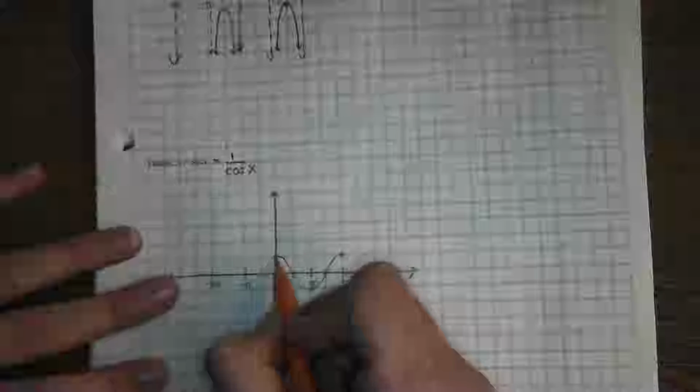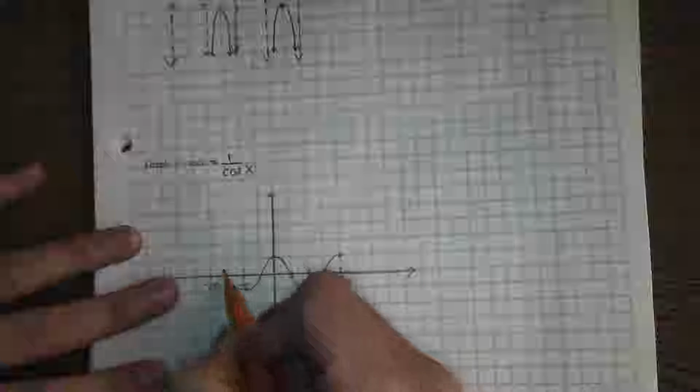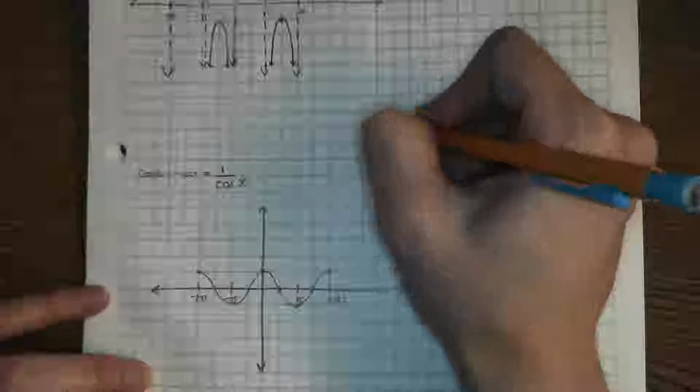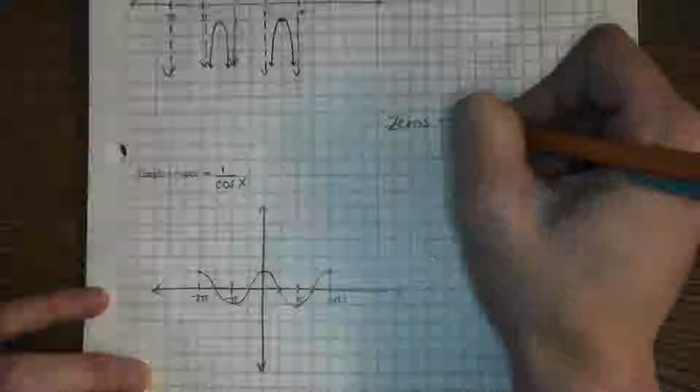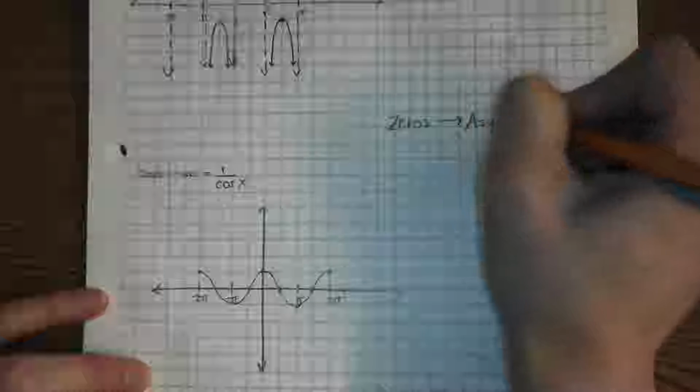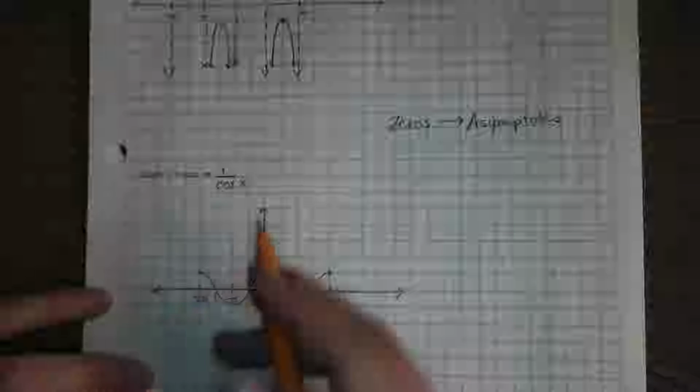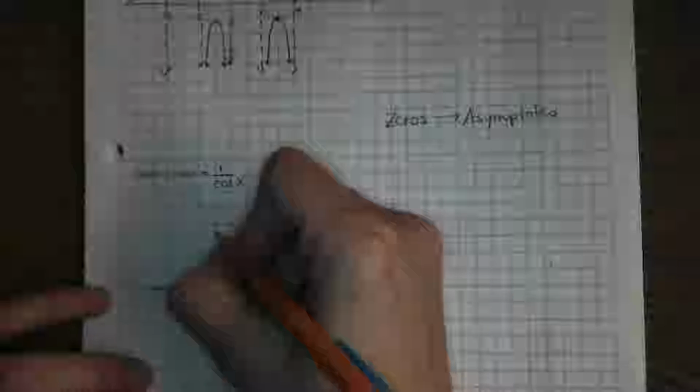And I'm going to bring it backwards to 2 pi also. And so for both of these, your zeros turn into asymptotes. So any place on this graph that we have a 0, throw in an asymptote.